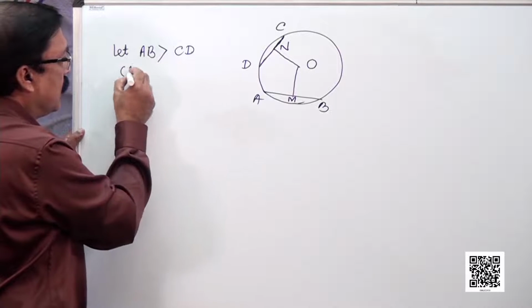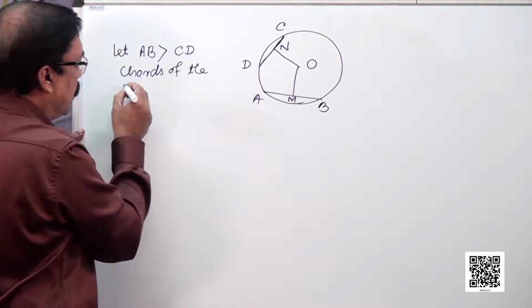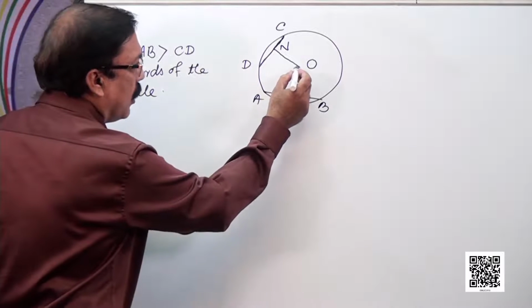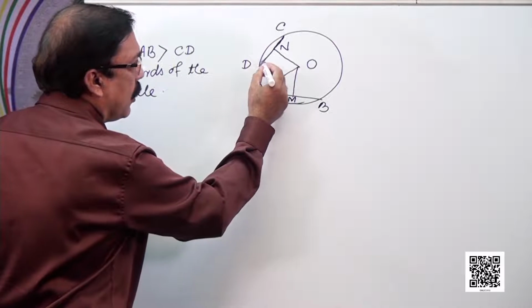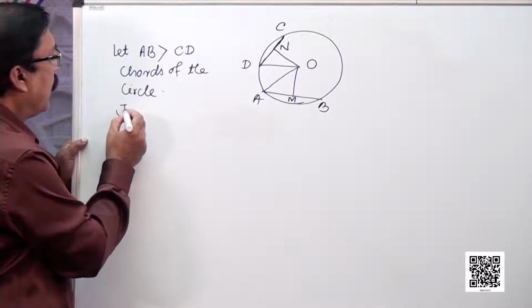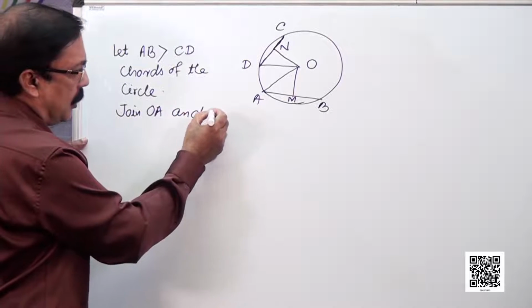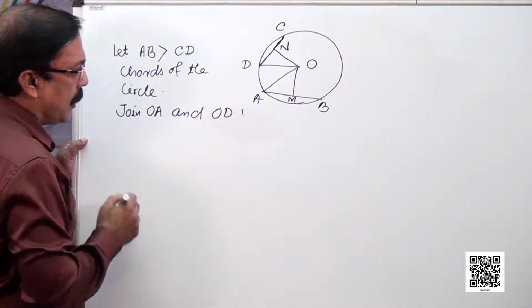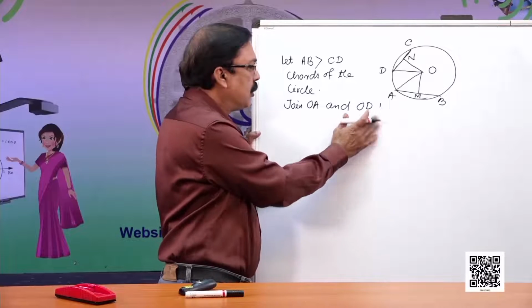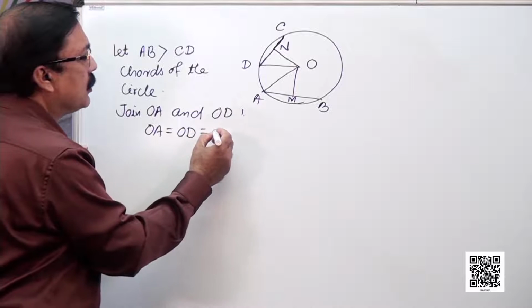These are the chords of the circle. Now we join OA and OD. These two are radii of the circle, so OA is equal to OD, equal to R.